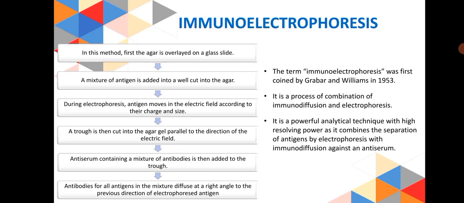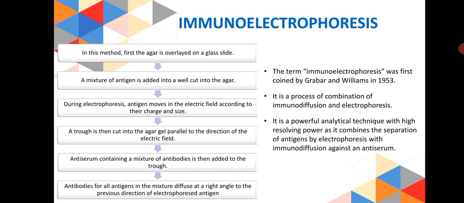It is a powerful analytical technique with high resolving power as it combines the separation of antigens by electrophoresis with immunodiffusion against an antiserum. In this method, first the agar is overlaid on a glass slide. A mixture of antigens is added into the well cut into the agar.